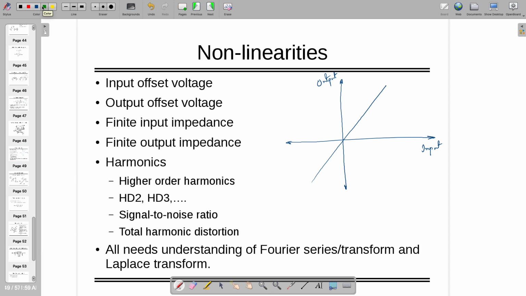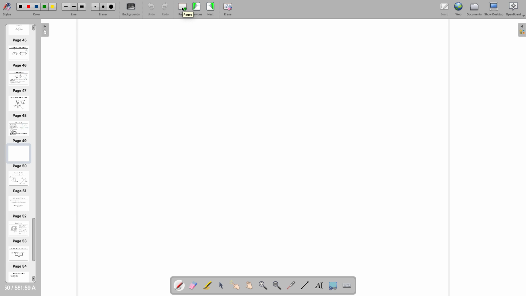But instead of this, if you are seeing something like this or this, all these are non-linear, right? So it depends on what order of non-linearities you have. Do you understand, by the way, what is non-linearity, yes or no? Presence of harmonics. And so the input and output relation is not defined.